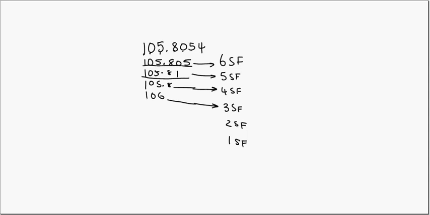Let's look at 2 significant figures in this situation here. So if we come back and we look at 105.8054, and we want to bring it to 2 significant figures, approximate it to 2 significant figures, we start off by writing 1, and right after 1 we write 0. Or we attempted to write 0, but before we write the 0, we observe that there's a 5 next to it.